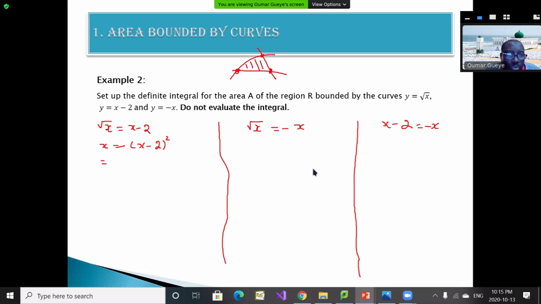And so we'll get x equal to, we expand the right hand side, it's going to be x squared minus 2x minus 4x, sorry, and expand it, plus 4.